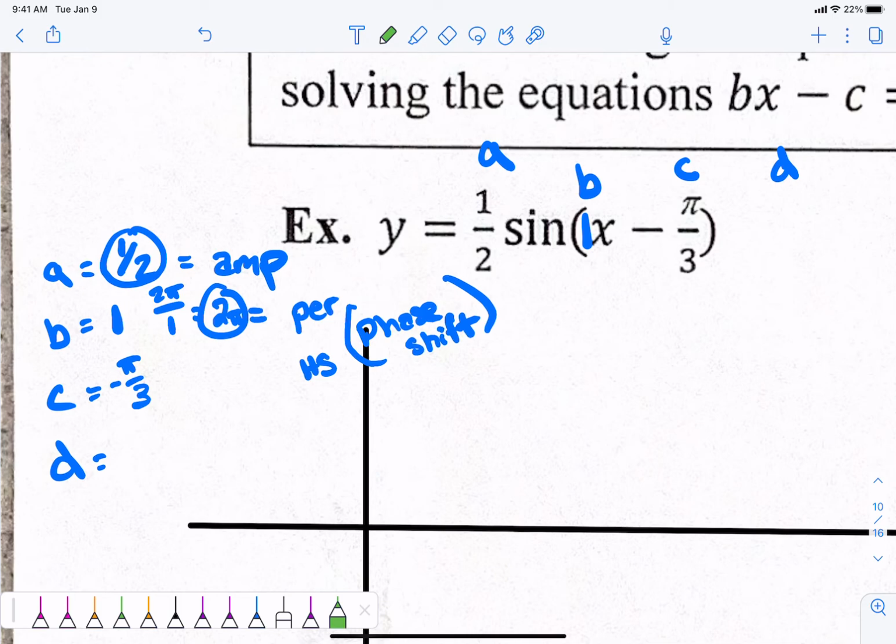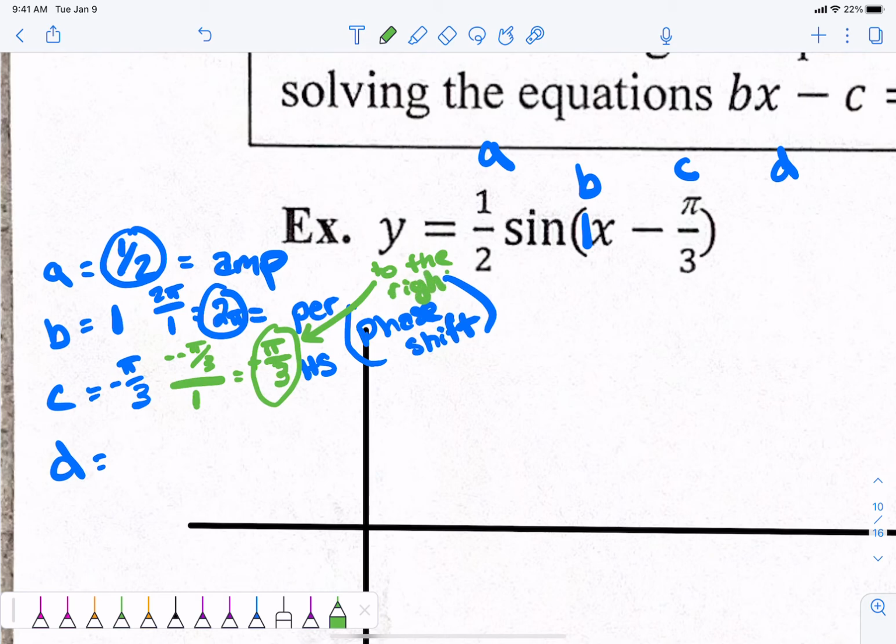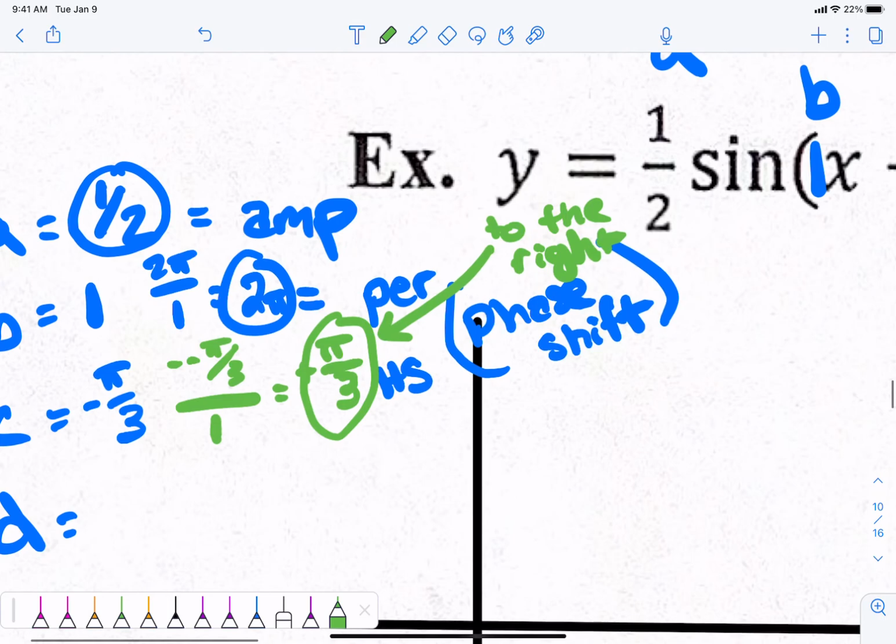So negative C over B, this is the tricky part. Negative C will be negative pi over 3, and my B value in this case is 1, right? So that just turns into plus pi over 3. In terms of a horizontal shift, that means it is pi over 3 units to the right, because now it's positive.